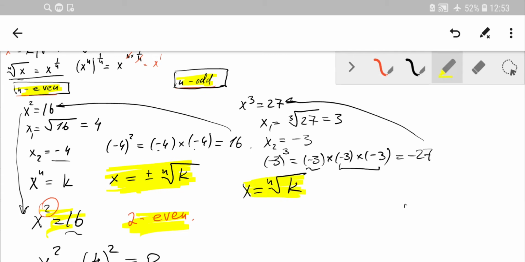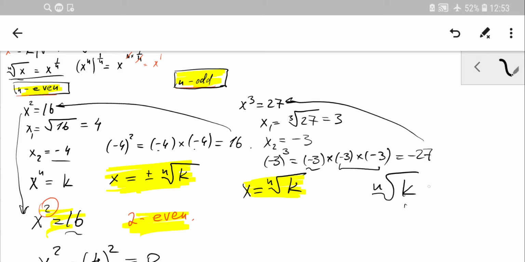In case it's odd, just apply this formula, as you have only one solution, which is the nth root of k. And keep in mind that the nth root of k is always k to the power 1 over n according to the index formula. This topic is related to indices.